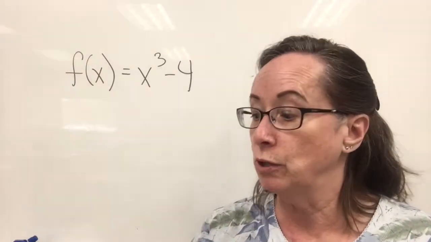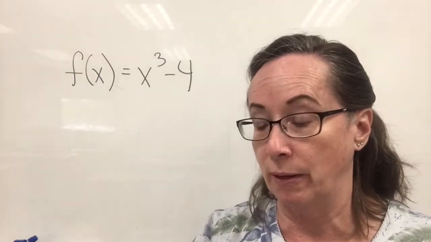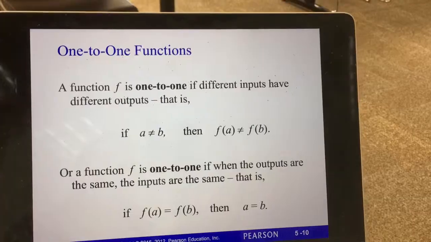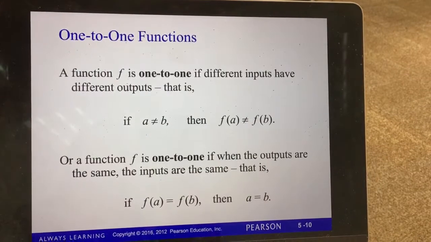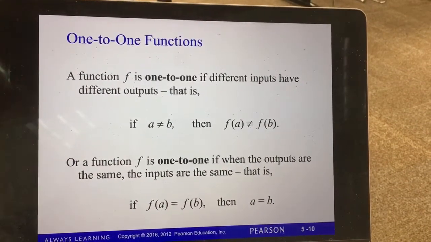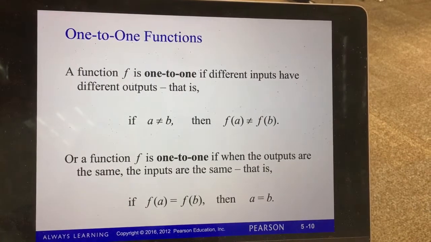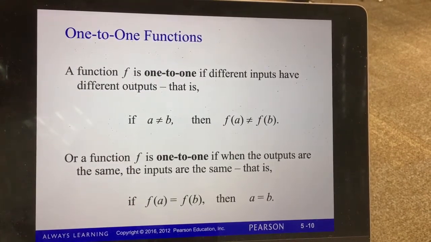Okay, now if you look back at the PowerPoint, you will see what I'm going to show you in just a minute. Okay, so this slide right here is 1 to 1 functions. And a function f is 1 to 1 if different inputs have different outputs.